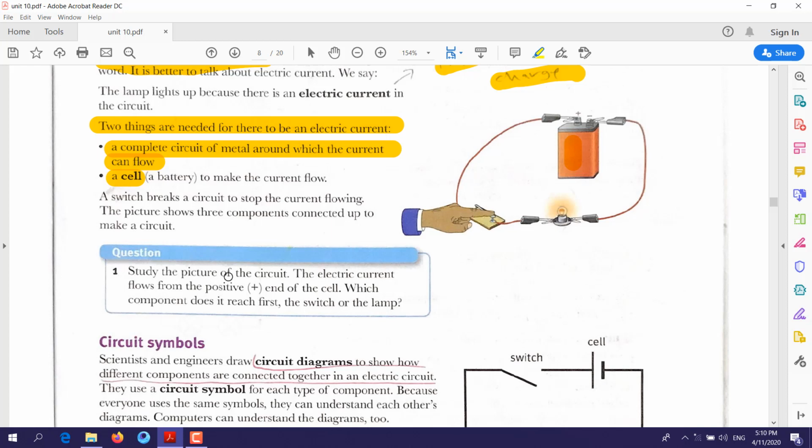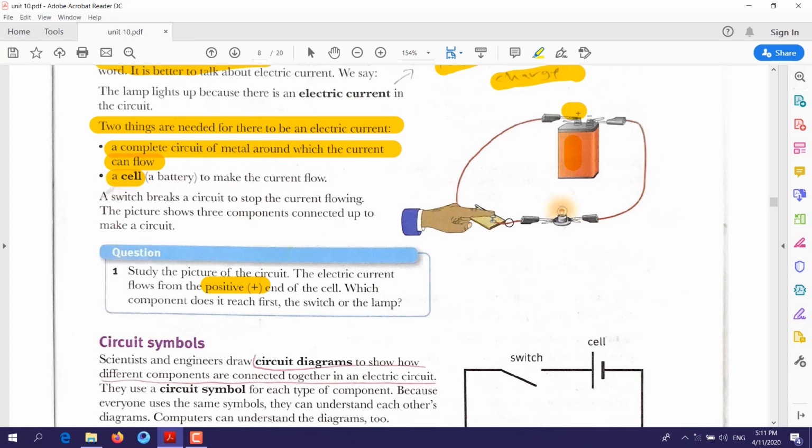Question. Study the picture of the circuit. The electric current flows from positive always to negative. Which component does it reach first, the switch or the lamp? The battery will give electric current. This electric current moves in this direction, from positive going to negative.